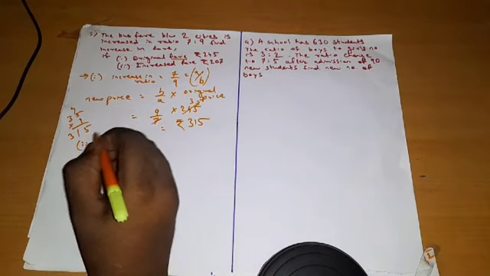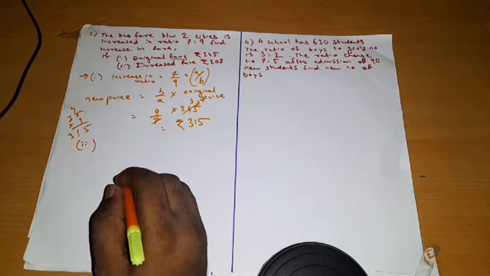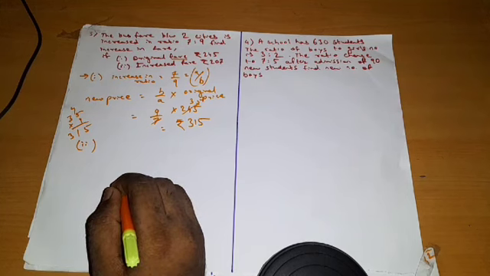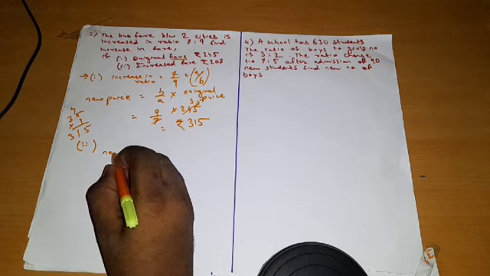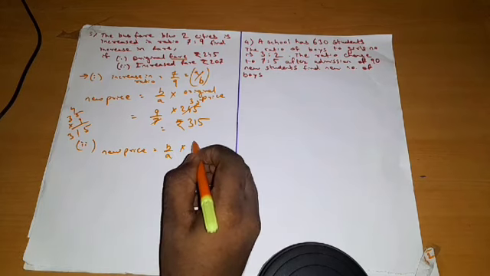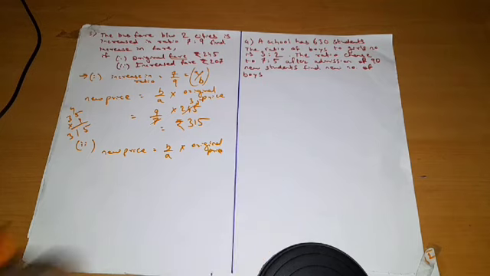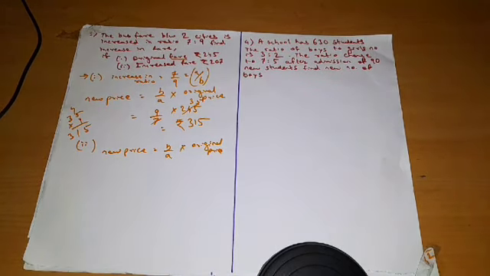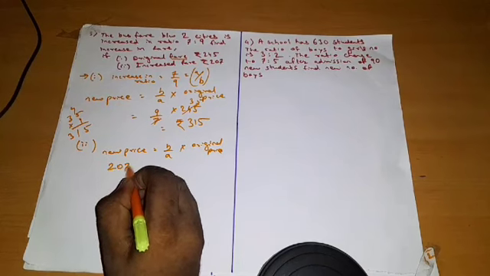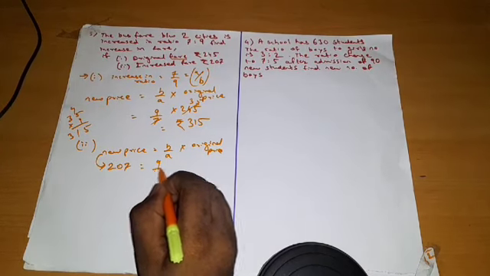Second part. Increased fare is 207. Again write the formula first. New price is equal to B by A times original price. We have to find the increase in fare. If the increased price is 207, means new price. B by A was 9 by 7.